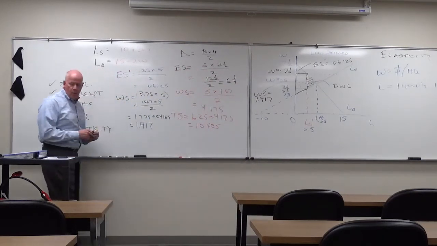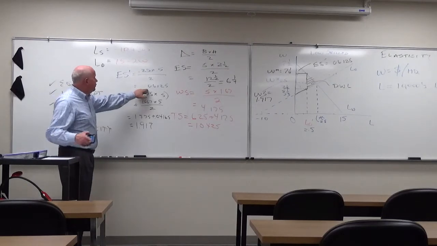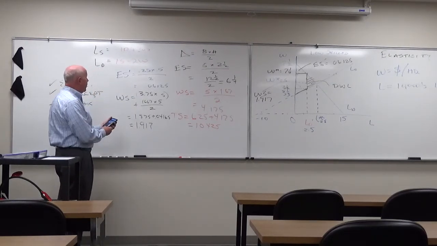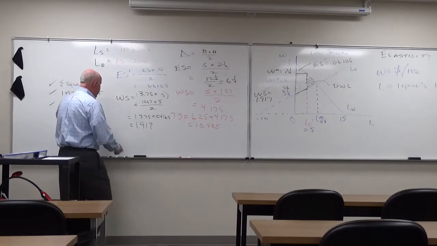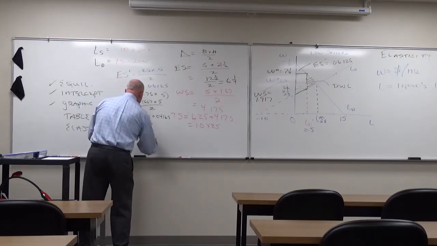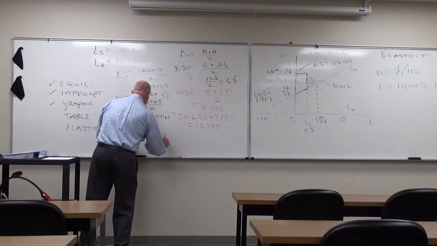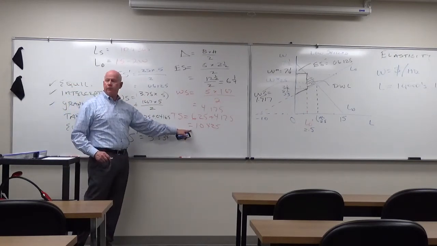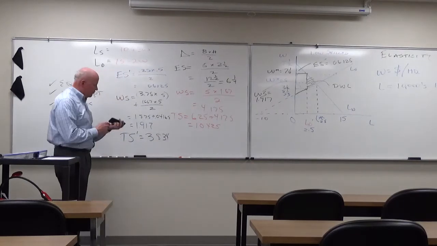It's 0.06125 plus 1.917. So total surplus prime, if you will, is now 3.834. So much less than total surplus used to be at 10.425.